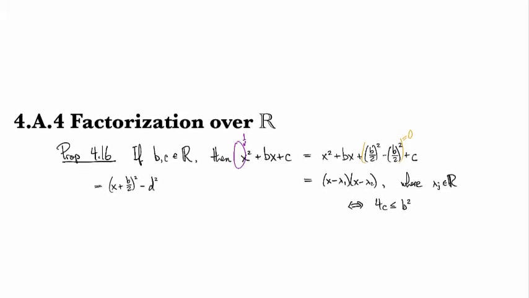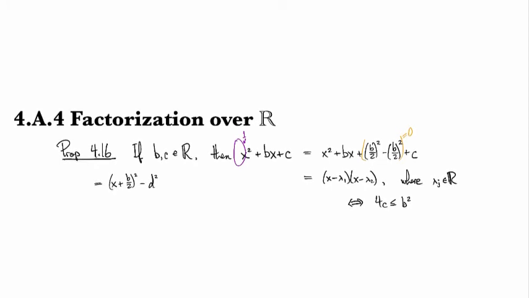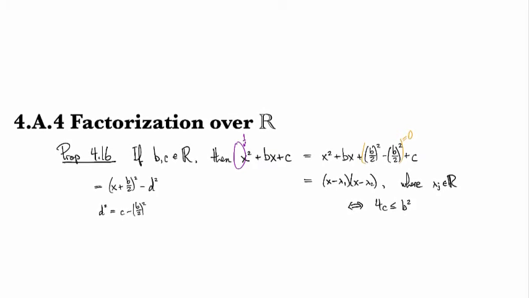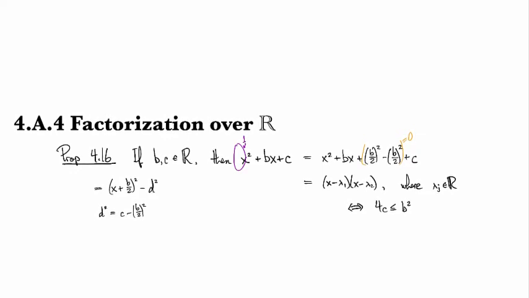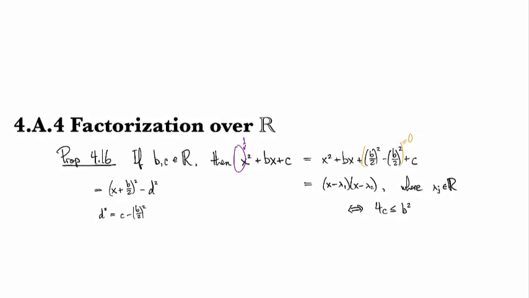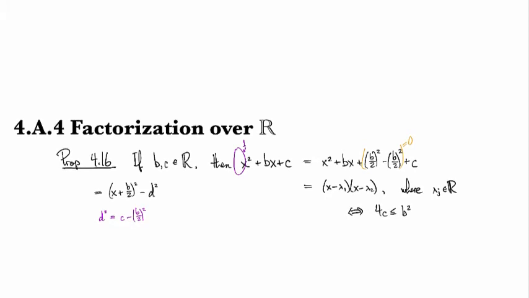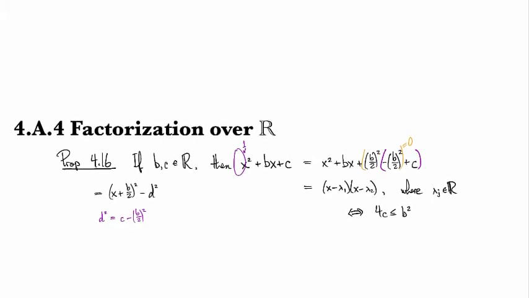So the idea here is that d squared is b over 2 quantity squared minus c, some real number that comes from just collecting terms. Let me make this purple so that I can match it with this part right here.